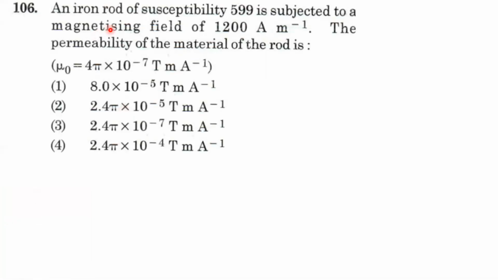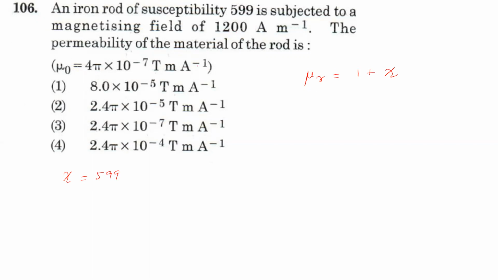106th question. An iron rod of susceptibility 599 is subjected to a magnetizing field of 1200 ampere per meter. The permeability of the material of the rod is dash. Here, the relation between relative permeability and susceptibility is: relative permeability is equal to 1 plus susceptibility. The susceptibility value is given as 599, and the magnetizing field is not required here.